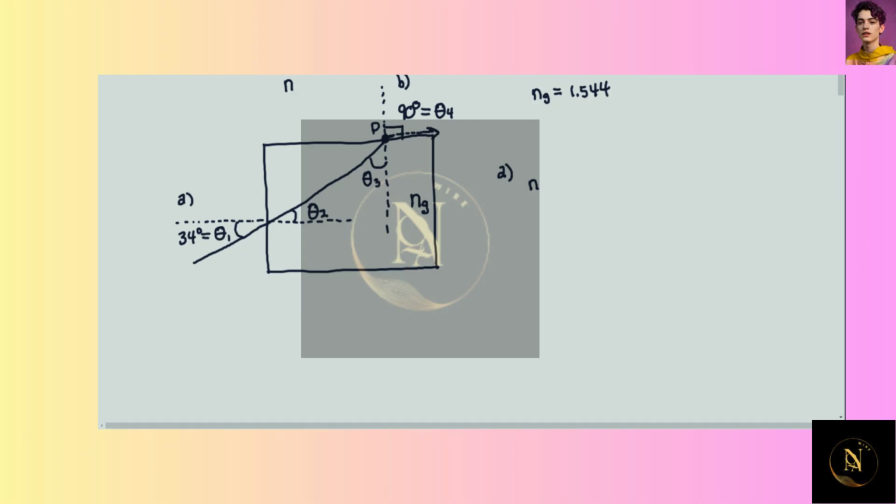Index of refraction n times sine 34 degrees, this would be where the fluid is, is equal to Ng times sine of theta 2. Okay, very good. I'll just name this equation 1.